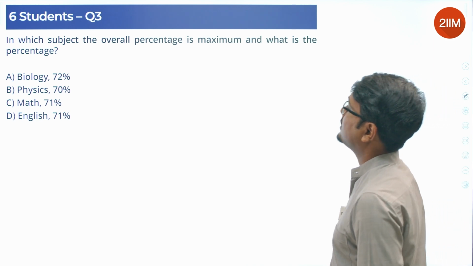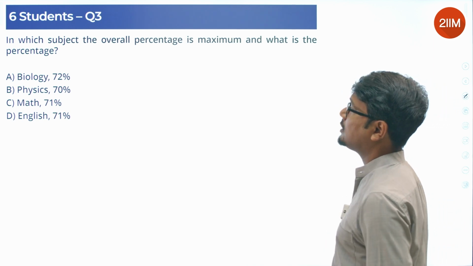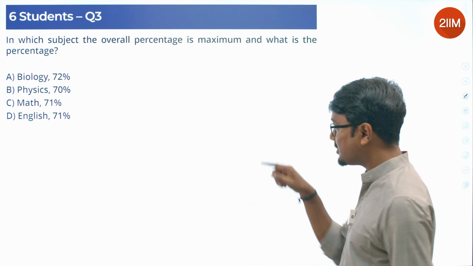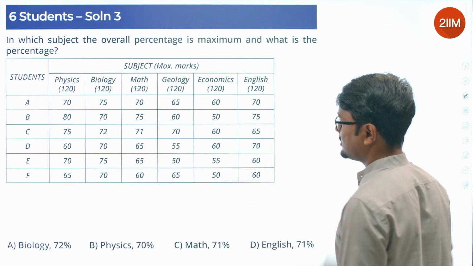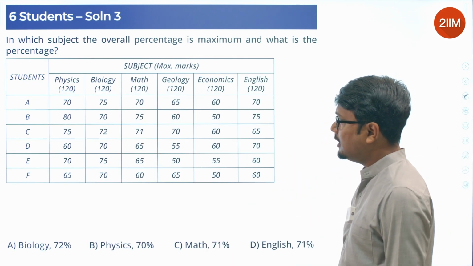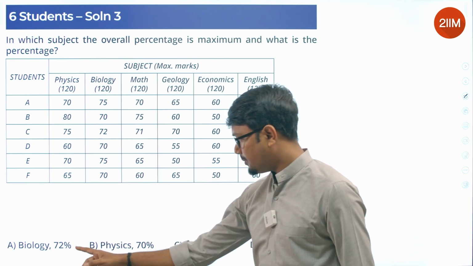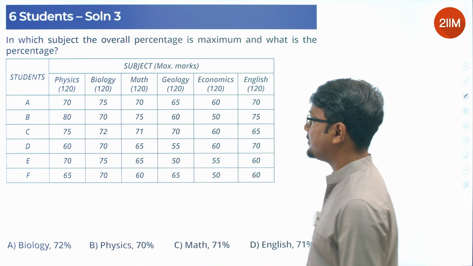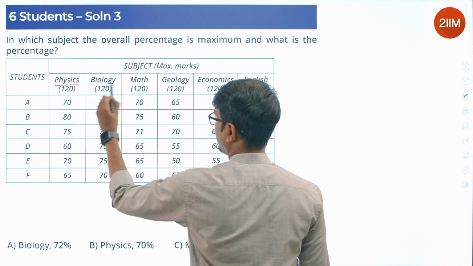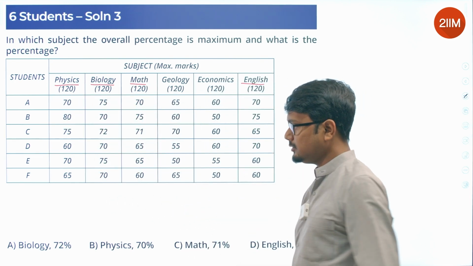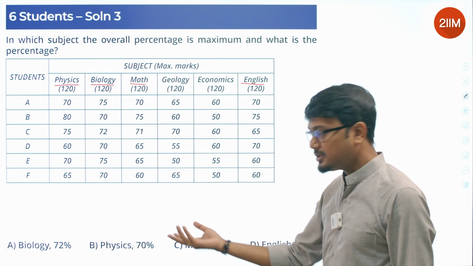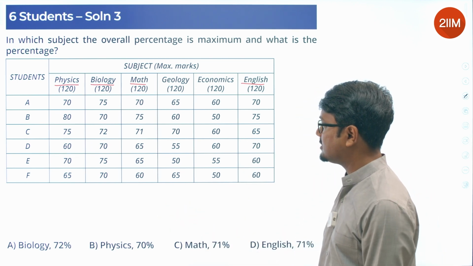Then the third question. In which subject is the overall percentage maximum and what is the percentage? We have to check with the subject wise percentages. We got the options here. The subjects are biology, physics, math and English, so we just focus on those four, find the percentages, and we'll find the answer eventually.